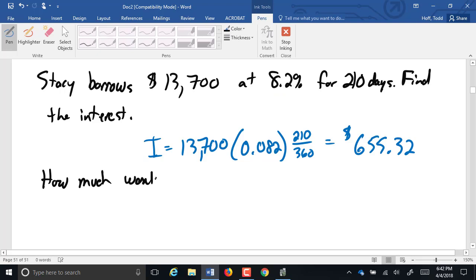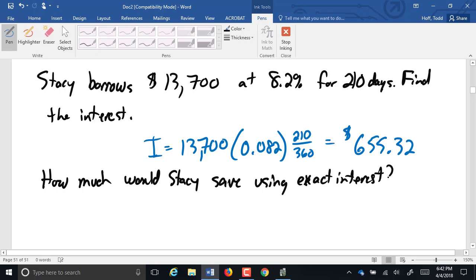How much would Stacy save using exact interest? I'll give you a minute to figure. So using exact interest would be 13,700 times 0.082.